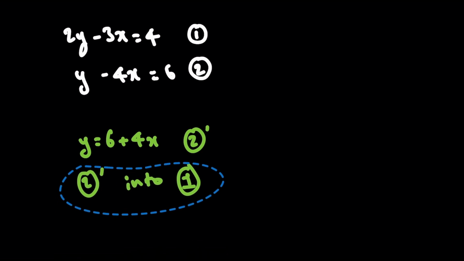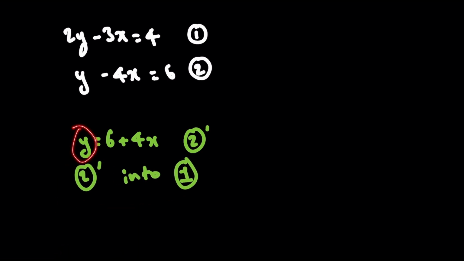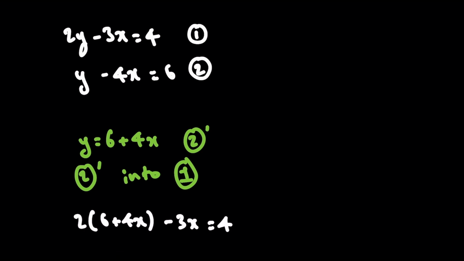And so now I'm just going to substitute this y over here for y. Because I know y is equal to 6 plus 4x, I know that the y here has to also be 6 plus 4x. So what I'll have is 2 times (6 plus 4x), take 3x equals 4.